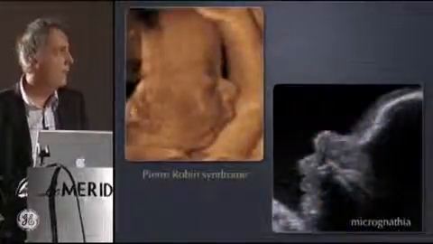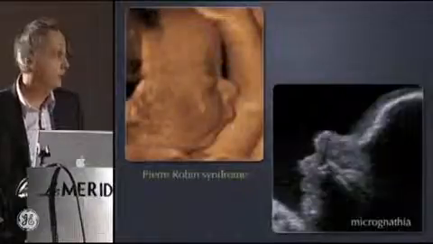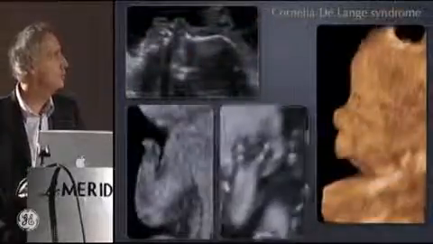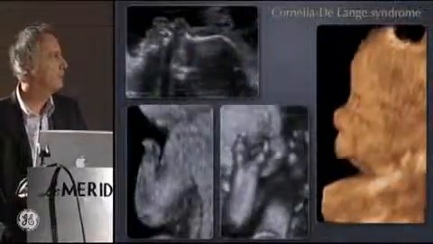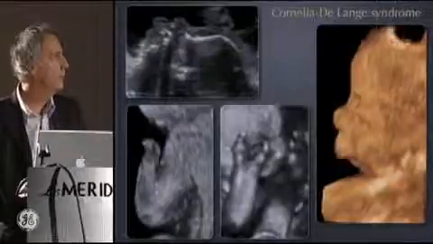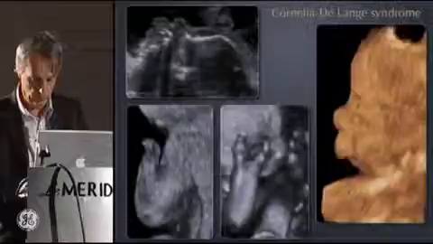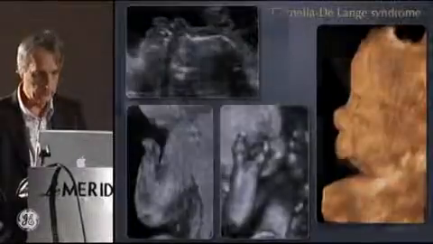Now I will present you some face malformations. Pierre-Robin syndrome with a micrognathia, a Brachmann-de Lange, Cornelia de Lange syndrome with oligodactyly, ectrodactyly, and hypoplasia of the mandible, retrognathia.